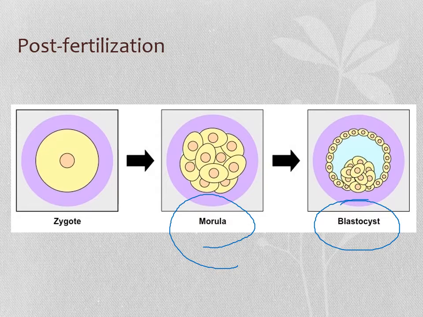And recall that the outer layer of cells of the blastocyst are the trophoblast that will eventually go on to become the placenta. And then we have the inner cell mass here, which is what will go on to become the embryo. And this is an exciting time when you form the blastocyst because it's the first time we have differentiation where cells kind of diverge in their future paths.